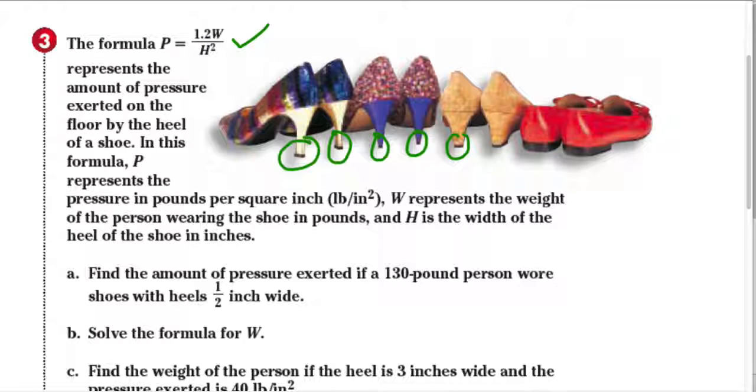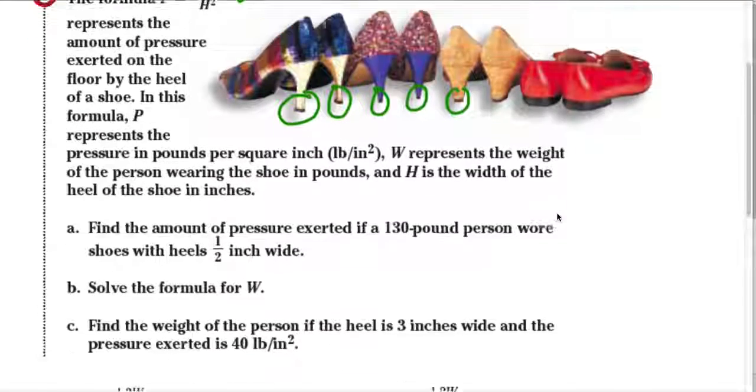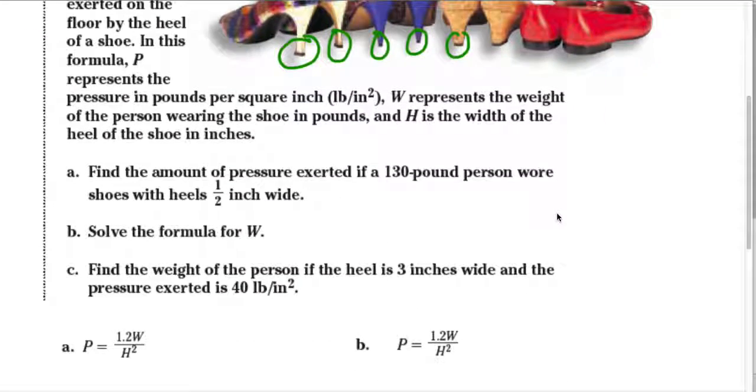Okay, so let's take a look at example A. Find the amount of pressure exerted if a 130-pound person wore shoes with heels 1/2 inch wide. So we want to find out the pressure exerted.